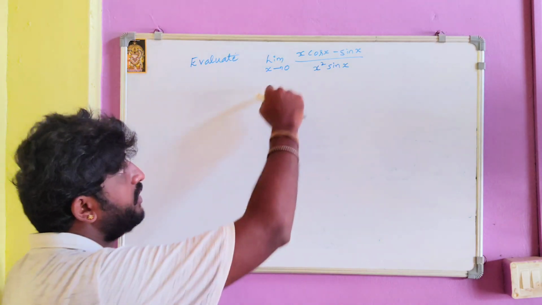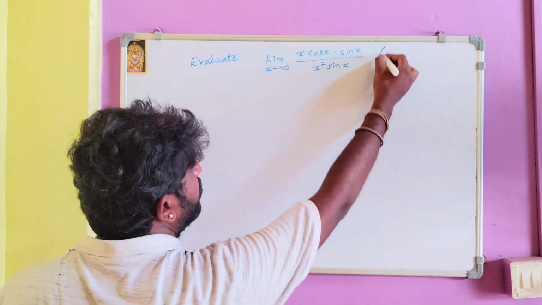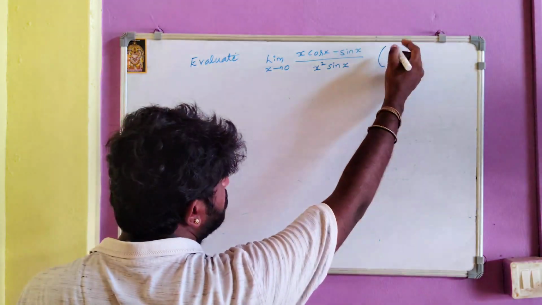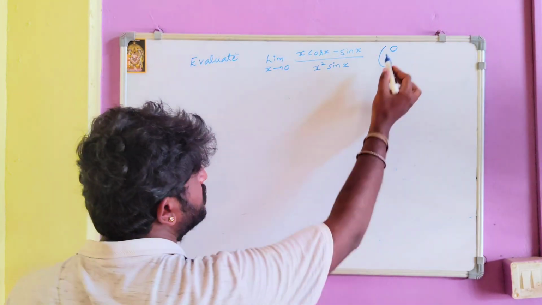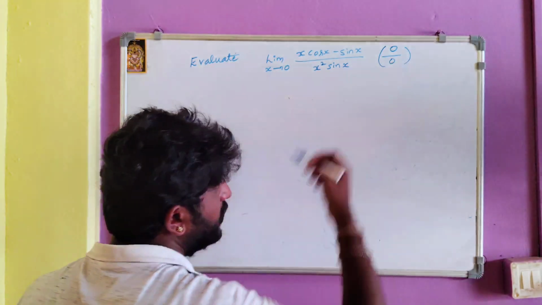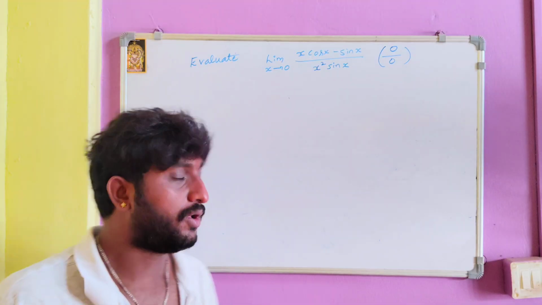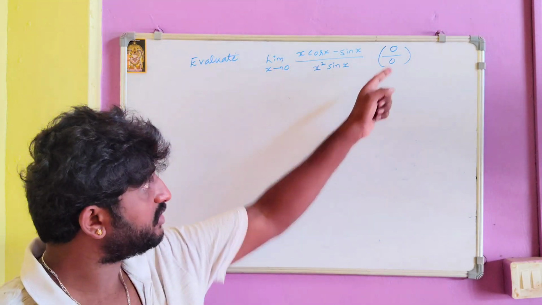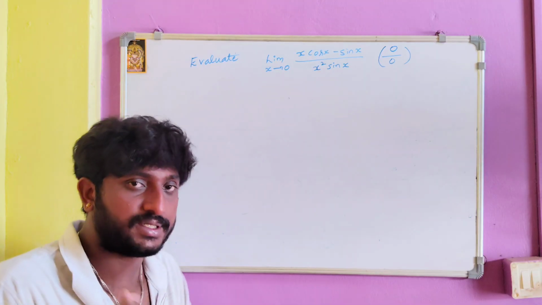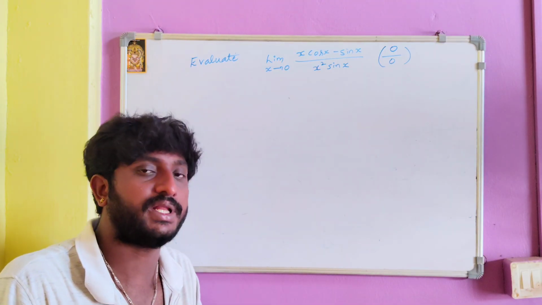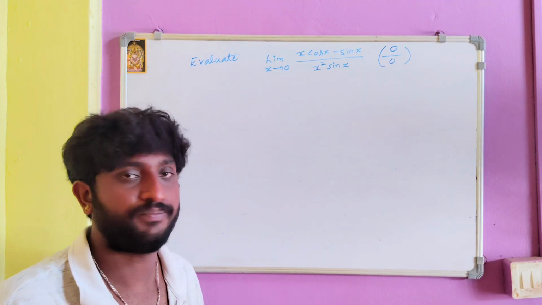If you substitute, the numerator approaches 0 and the denominator also approaches 0, so we get the 0 by 0 form. If you get the 0 by 0 form, our first method is L'Hopital's rule.